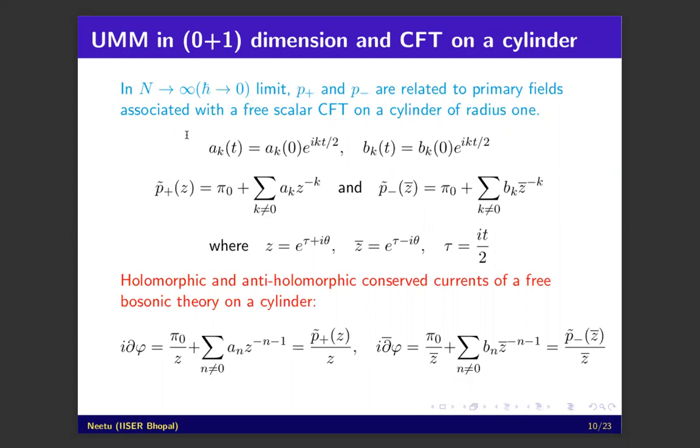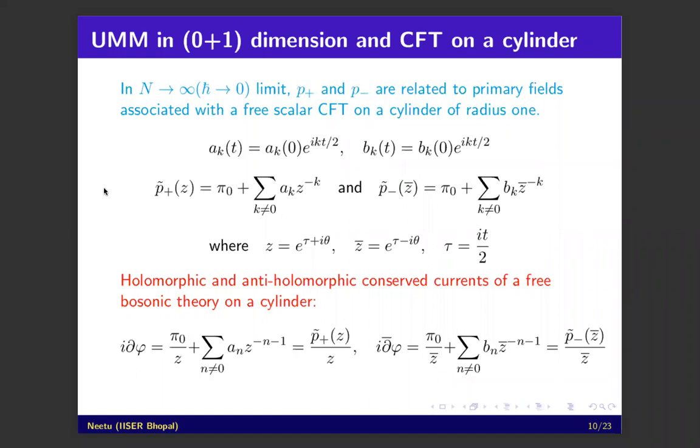In this limit, A_kt and B_kt are valid solutions of the equations of motion. So we can absorb this time dependence in the phase factors, and then we can write the mode expansion of p plus and p minus by introducing this variable z.